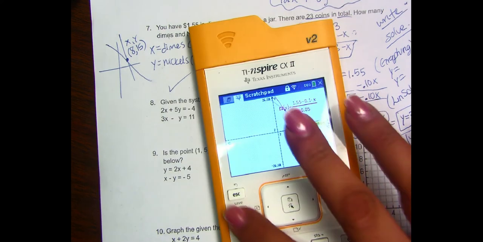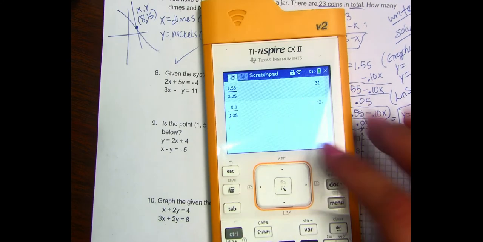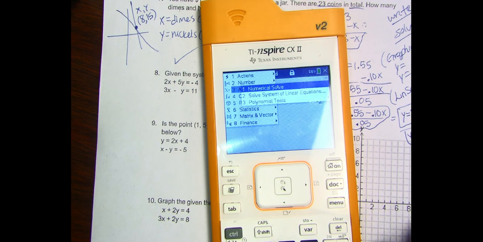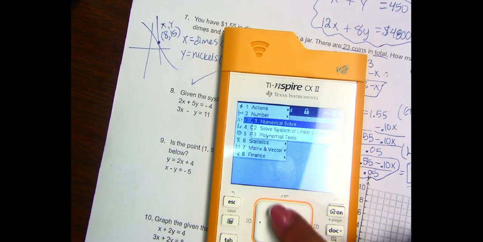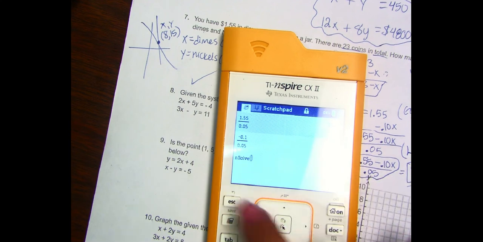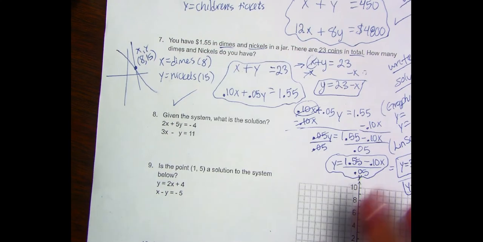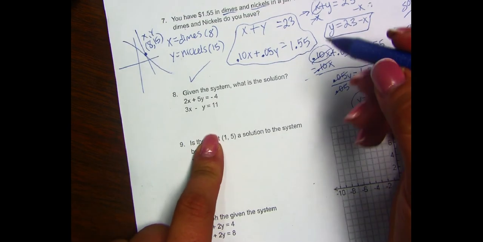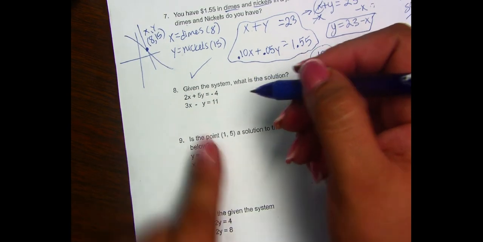Again, the reason why we did it by graphing was because if we do the other method of algebra, solve systems is not active. I can't do anything other than and solve. So we cannot do then solve anymore. Make sure you guys practice graphing in the calculator, but rewriting this first.